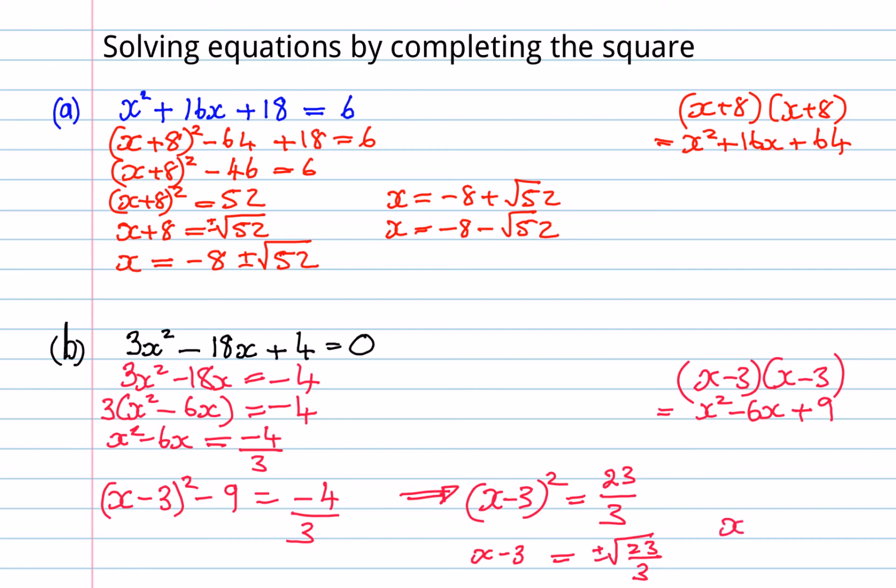So x is equal to 3 plus root 23 over 3, and x is equal to 3 minus root 23 over 3.